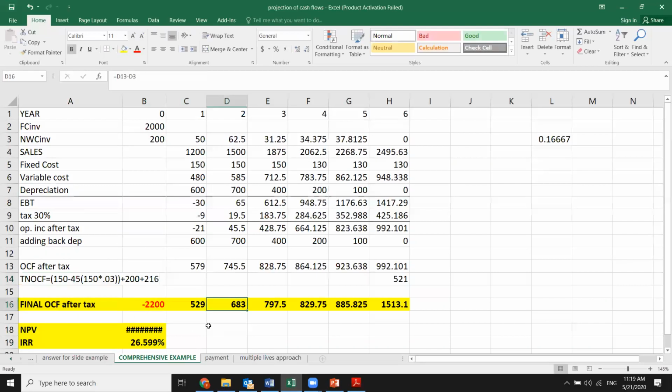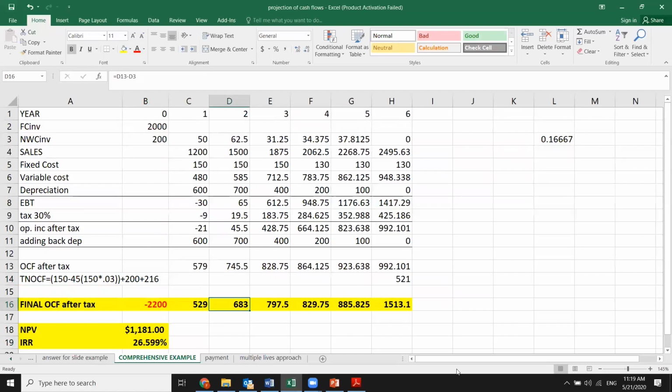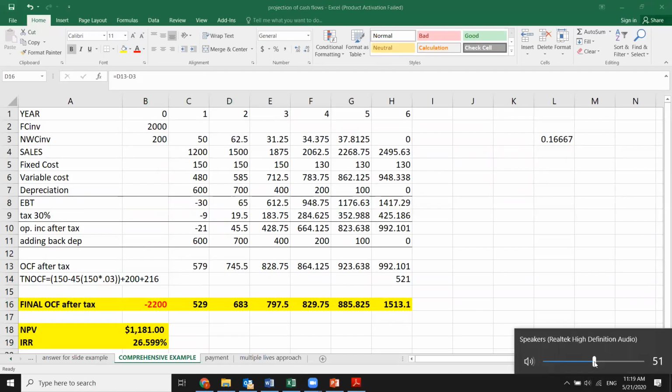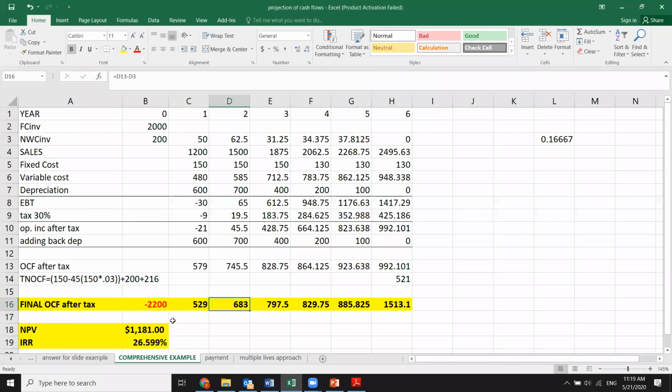I also have a question. Yes, please. Why is the answer from OCF after tax different from final OCF? Yes, one more time. Operating cash flow after tax is what we got. There is no problem, okay? However, we said that every year there will be investment in net working capital.